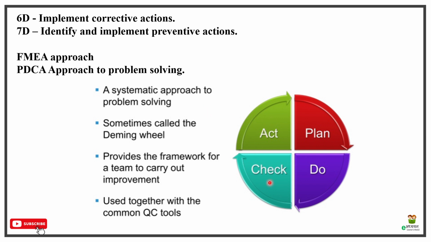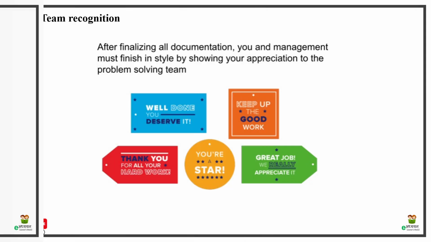Sometimes it is called the Deming wheel, and provides a framework for a team to carry out improvement and is used together with the common QC tools. So here you can plan the activity or corrective action, and do means implement it, and then check whether it is going as per the plan or not, and then again take counter corrective actions or measures to improve the system or process.